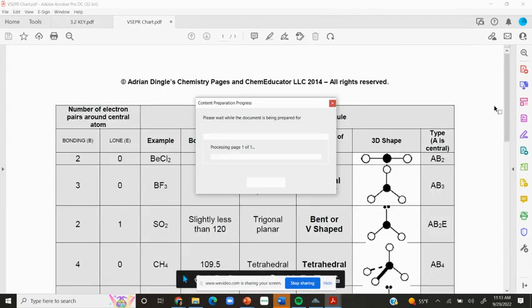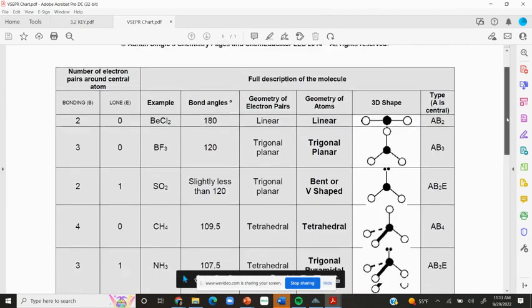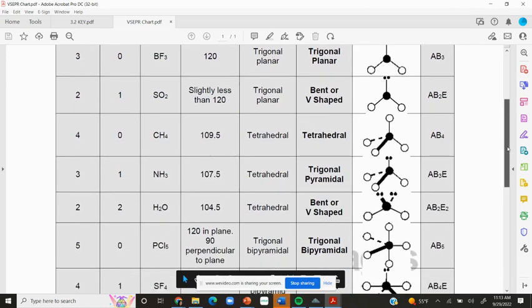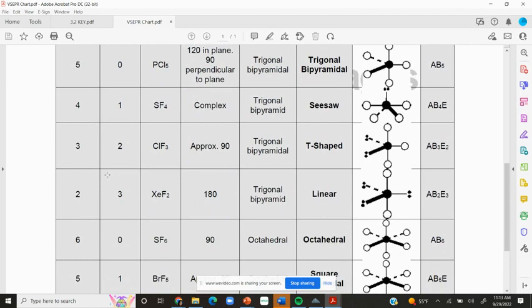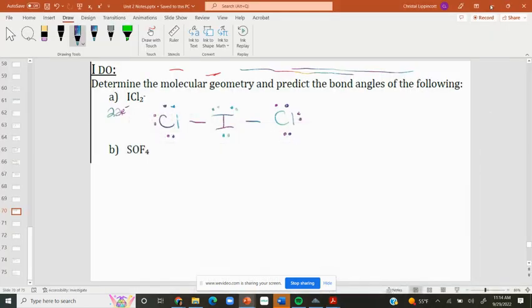Okay, so I have 2 atoms around and 3 lone pairs of electrons. So that means it's linear. That is the molecular geometry. Bond angle then is what? 180.